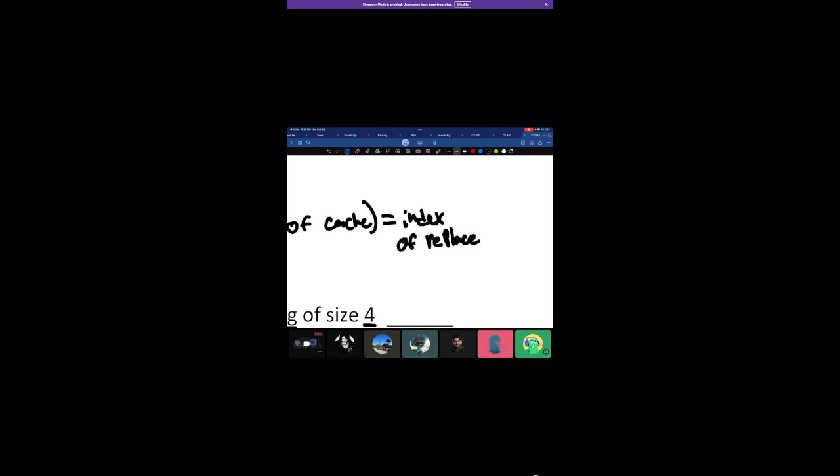So the way we do direct mapping is you take the address and you mod it by the size of the cache. So right now it's 4. Size of cache. And that will get you the index of replacement. Okay.